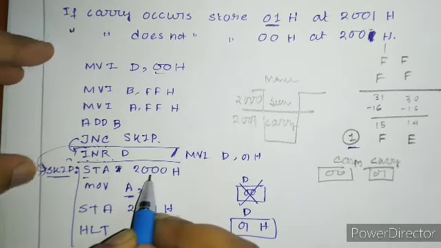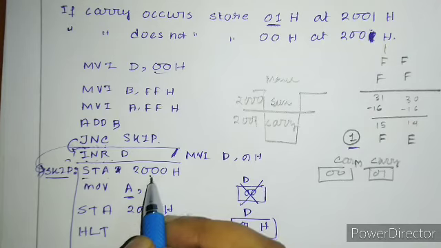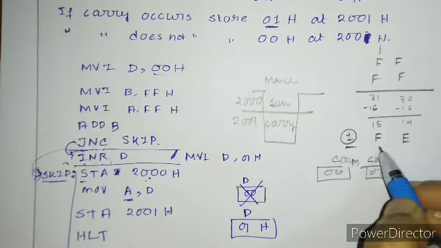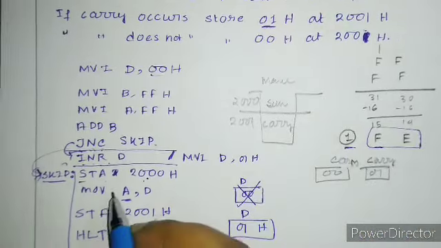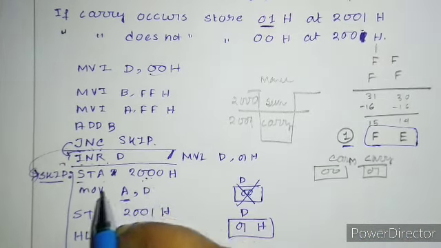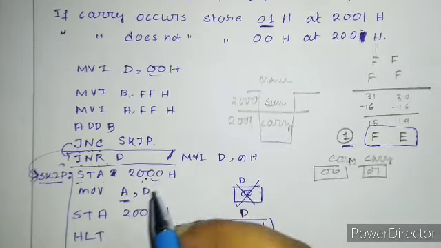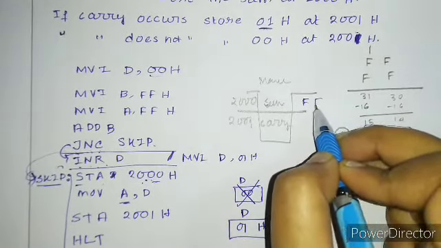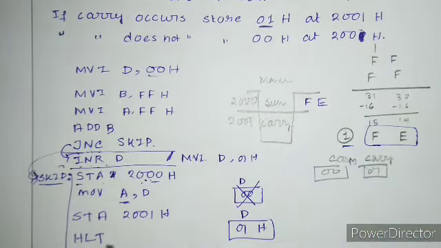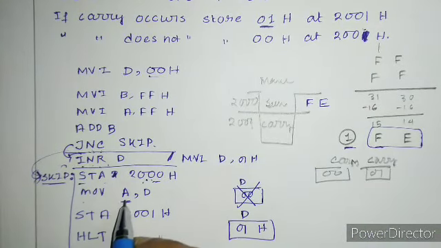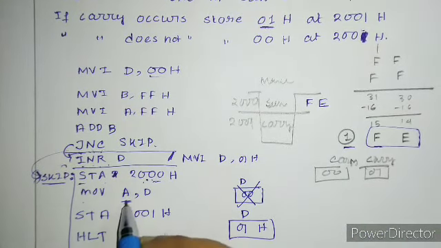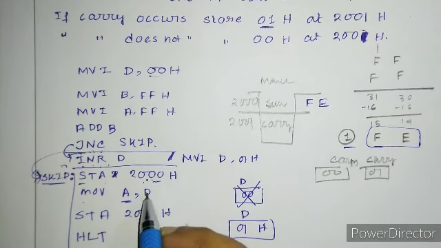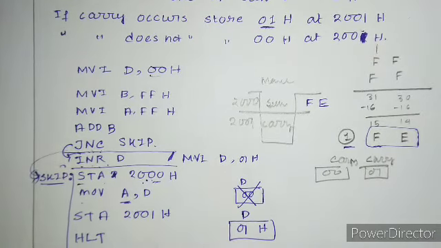Then in the next line, the rest of the program will execute. STA 2000H means whatever value is in my accumulator. Right now the value in my accumulator is FE, so store it at 2000H. Then MOV A, D means whatever value is in the D register, copy that to A. What is in my D register?